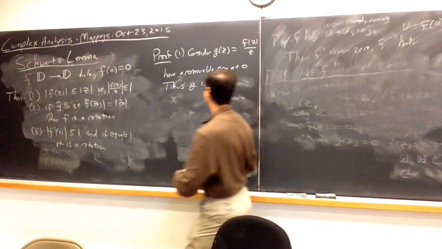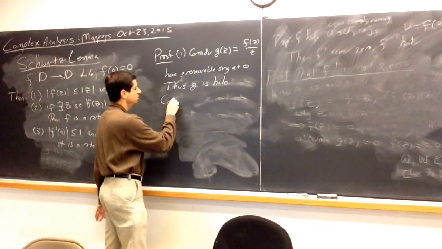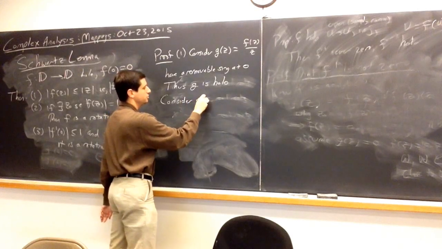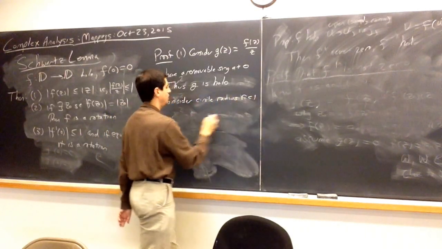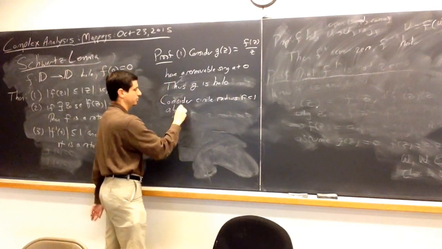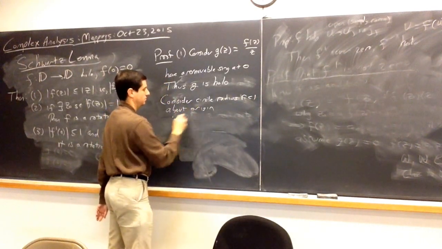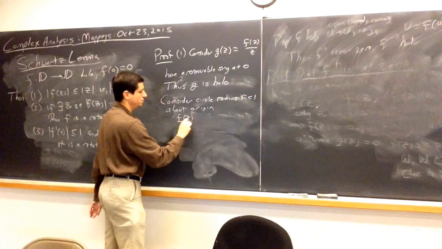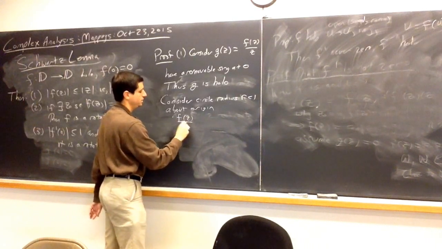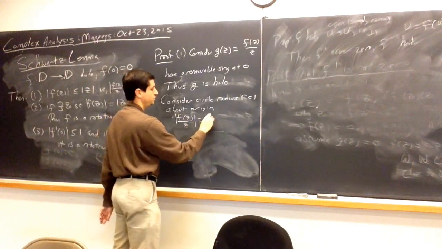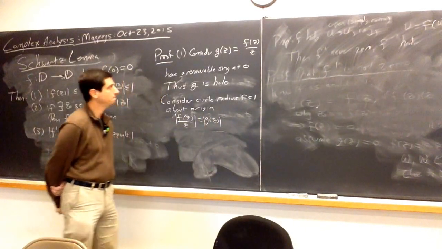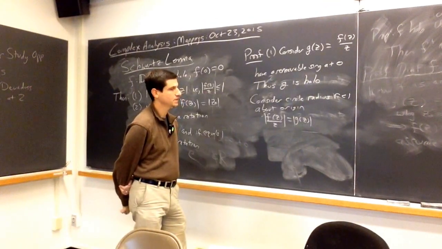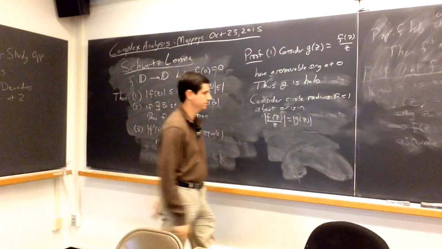So consider a circle of radius r less than 1 about the origin. Then f of z over z, which is g of z, attains its max on the boundary.